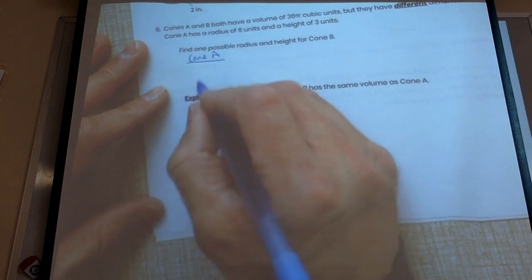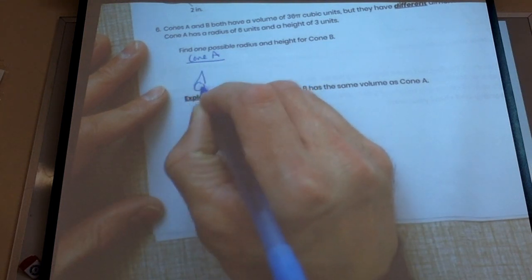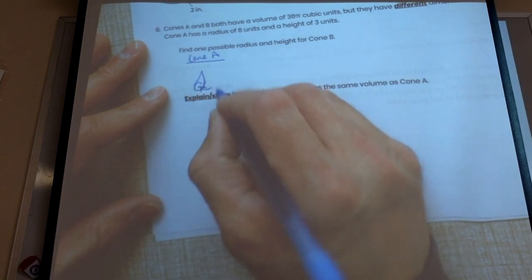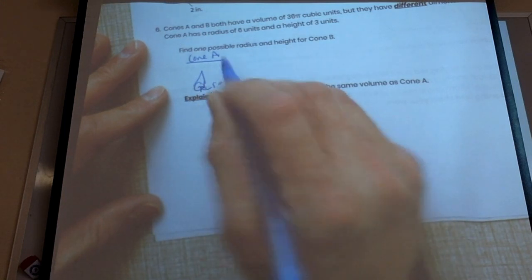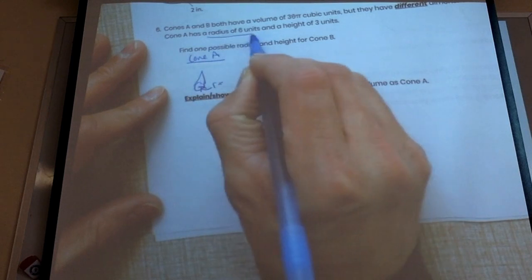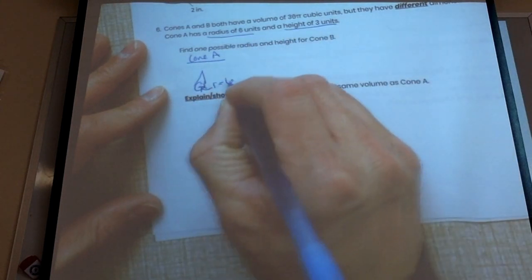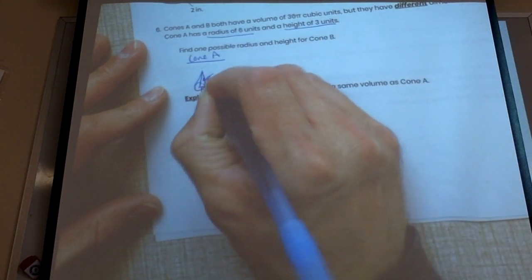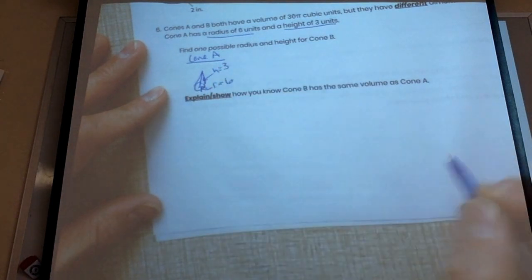So what we're going to do is, let's draw our cone. So we have cone A. Our radius given to us is 6 and a height of 3, and our volume has to be 36 pi.